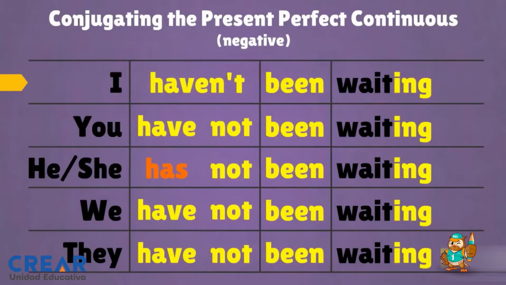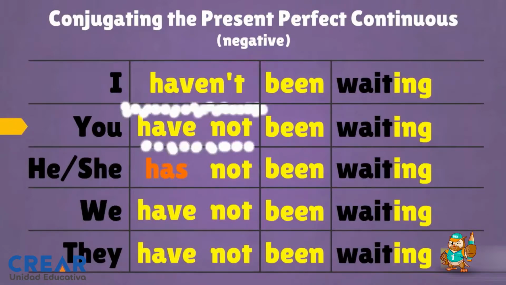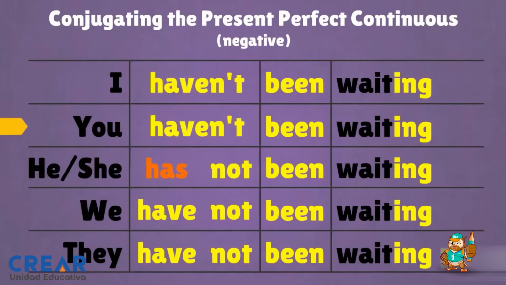I haven't been waiting. Then you haven't been waiting. Then he or she hasn't been waiting. Then we got here, we haven't been waiting.